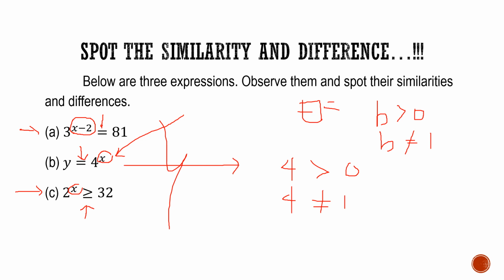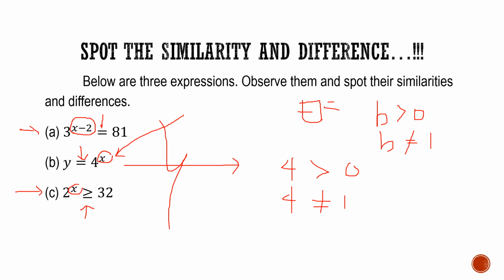So as long as there is a part in this expression where your b, or your base, is greater than 0 and not equal to 1, and there's an involvement of a variable x as an exponent of this b or base, then the given is an exponential expression. Now, in this case, all these three expressions have that component.